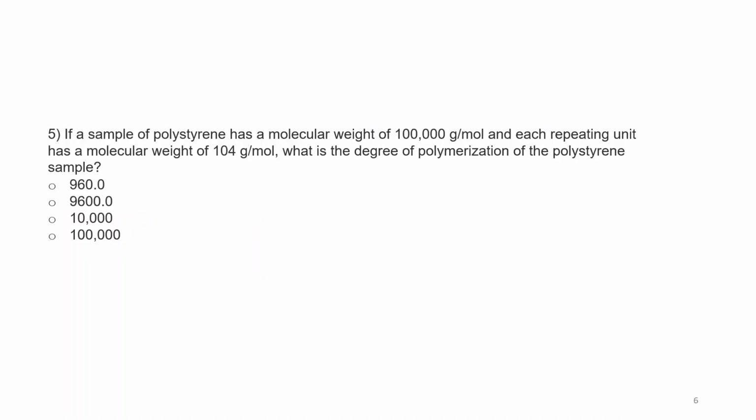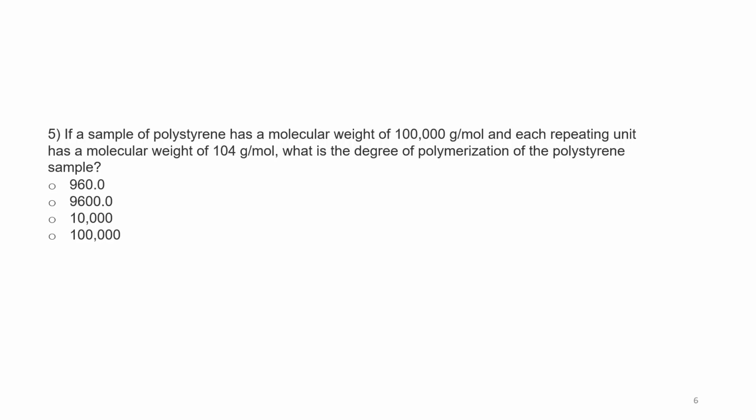If a sample of polystyrene has a molecular weight of 100,000 gram per mole and each repeating unit has a molecular weight of 104 gram per mole, what is the degree of polymerization of the polystyrene sample? So for polystyrene, you are given the molecular weight. You are also given the polymer's average molecular weight.